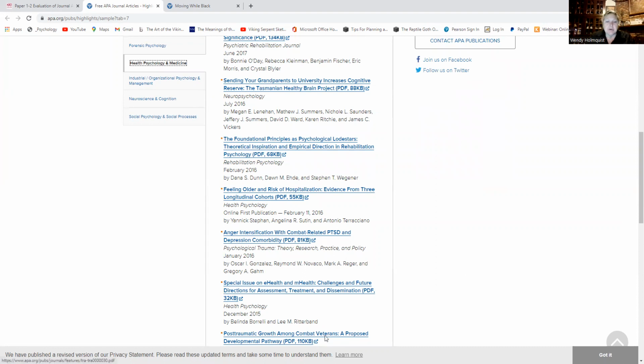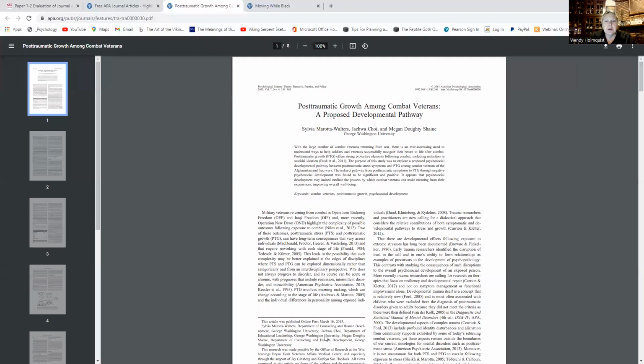Like, let's see, post-traumatic growth among combat veterans, a proposed developmental pathway. I haven't read this one yet. Okay, this is a newer one, I think, on here. With a large number of combat veterans returning from war, there is an ever-increasing need to understand ways to help soldiers and veterans successfully navigate their return to life after combat.